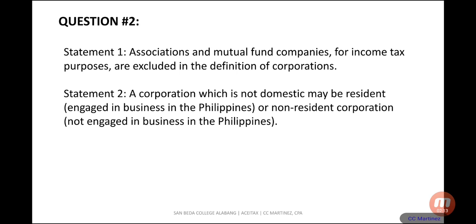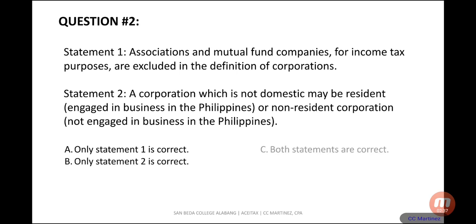A corporation which is not domestic may be a resident or engaged in business in the Philippines, or a non-resident corporation not engaged in the business in the Philippines. Okay. Letter A, only statement 1 is correct. B, only statement 2 is correct. C, both statements are correct. Or D, both statements are incorrect.